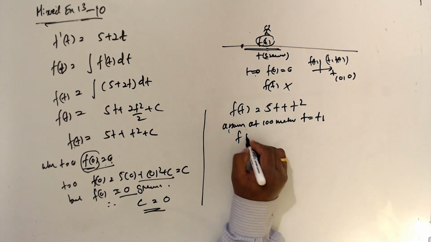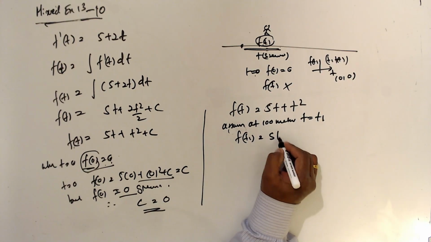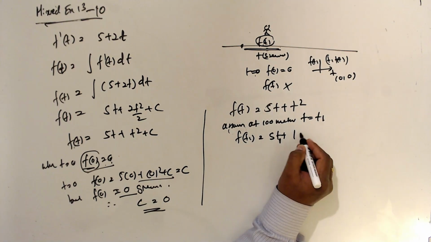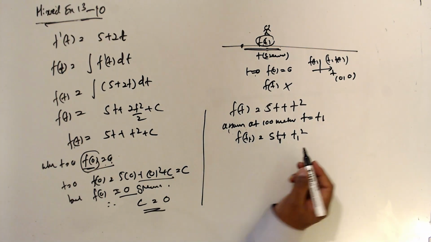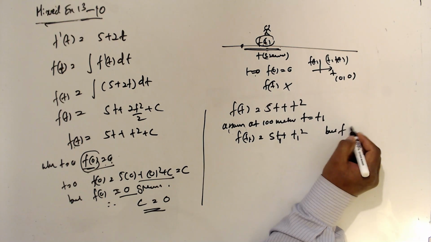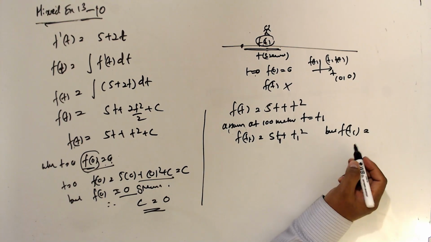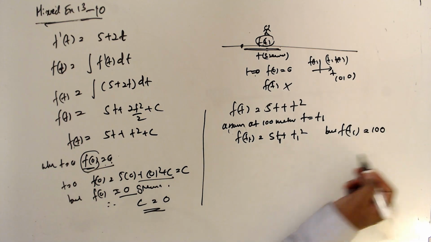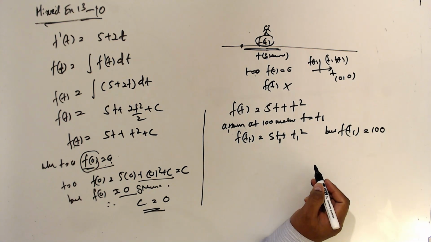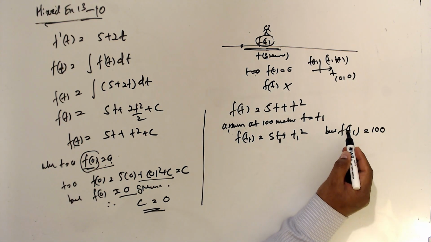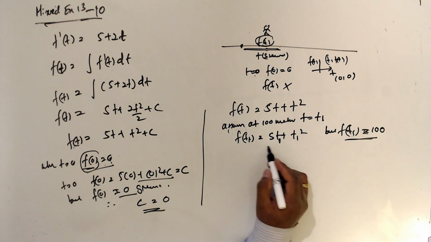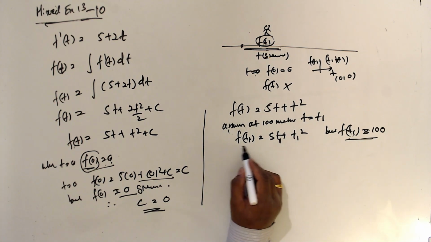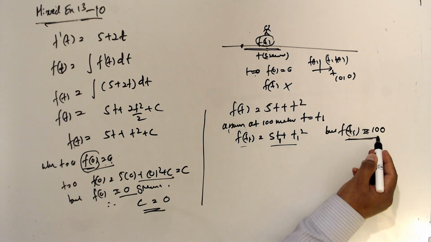Then f(t1) equals 5t1 plus t1 squared. After t1 seconds, the cyclist is 100 meters away, so f(t1) equals 100.